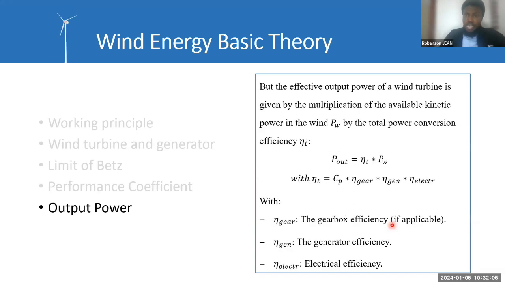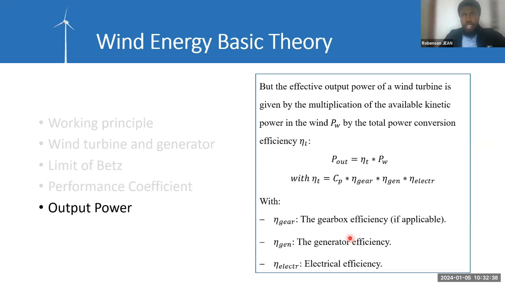Now let us see the real output power, like the electrical power generated. Unfortunately, it is normal because it is an electromechanical system: you will have electrical loss and mechanical loss. So we have losses in the gearbox, if we have a gearbox.